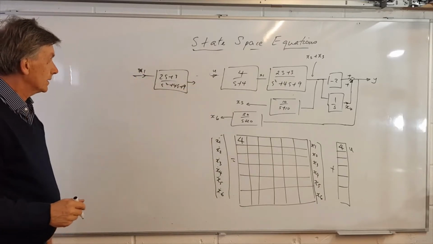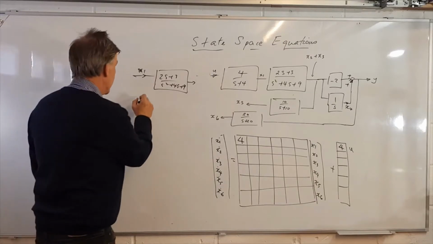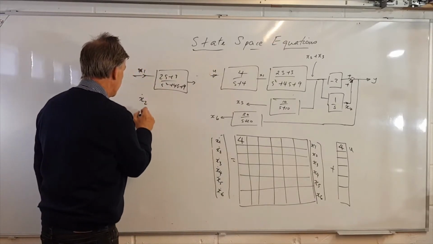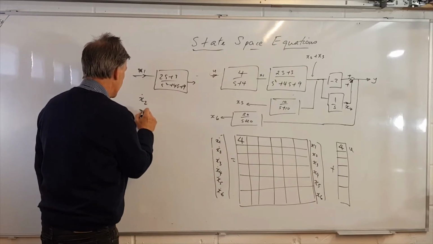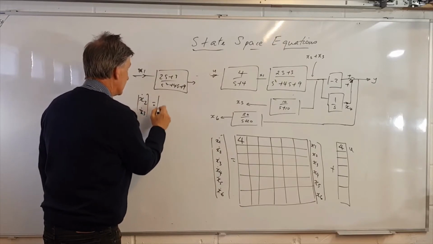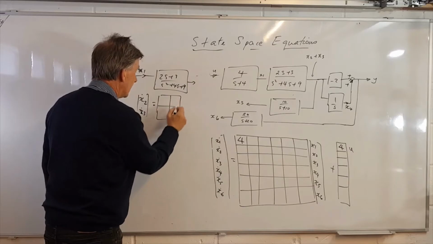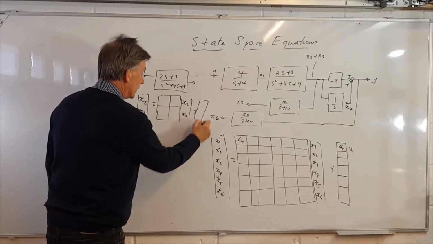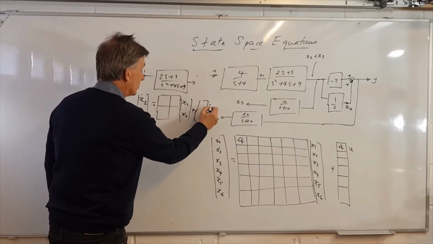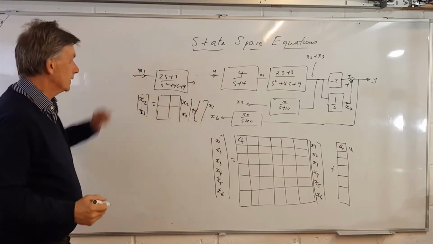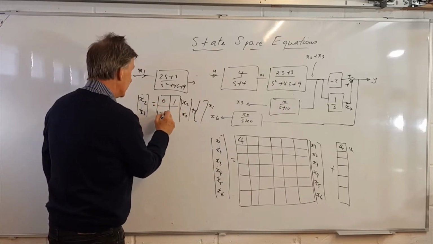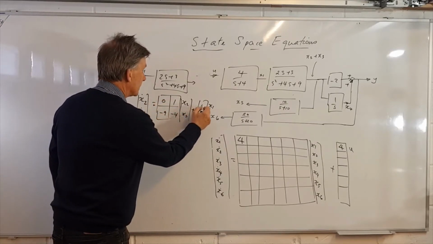So second order system, companion form, it's going to be the second and third states. It's going to be x2 dot, x3 dot, equal to a matrix here times x2 and x3 plus another matrix times x1, because x1 is the input this time. So companion form is going to be 0, 1, minus 9, minus 4, and that's going to be 0, 1.